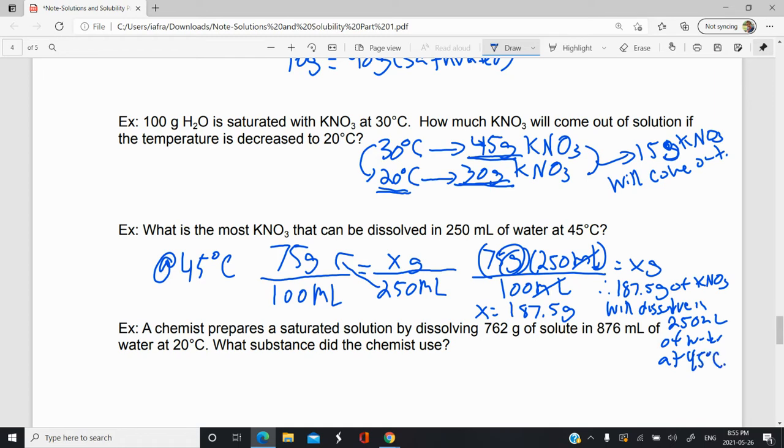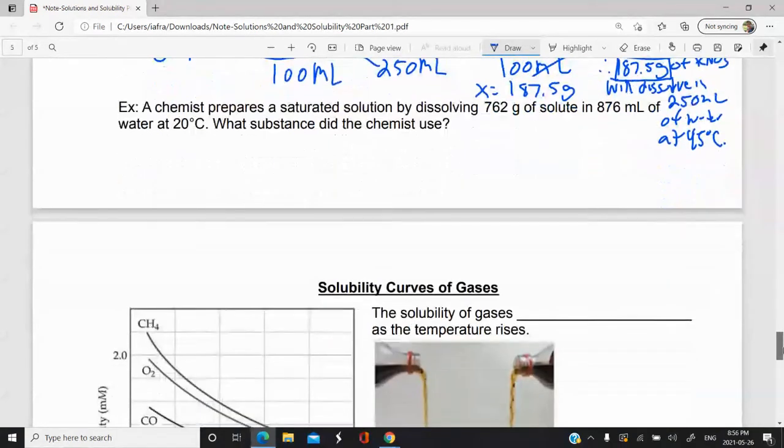Now, theoretically, we'd have to follow our sig figs here as well. We only have 2 sig figs, so I would have to round this to about 190 grams. We round up, so that would be our 2 sig figs, like that. So let's try one more example over here.